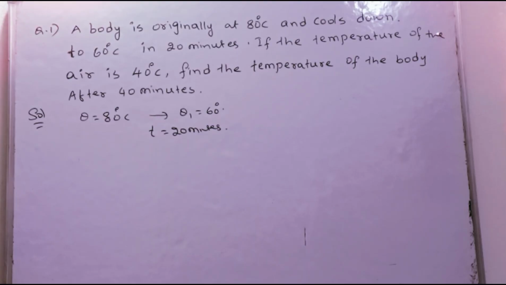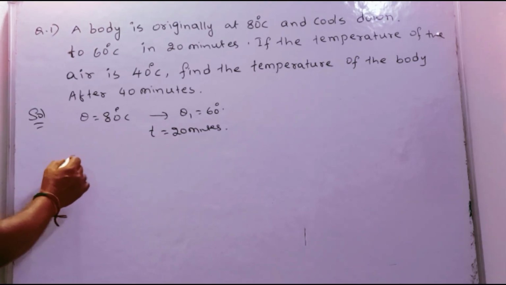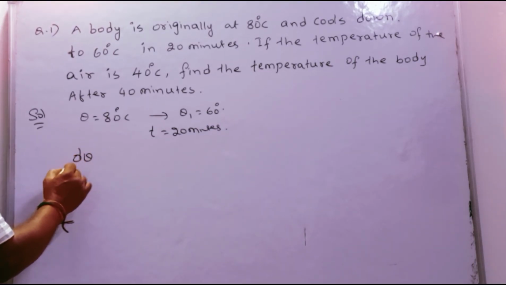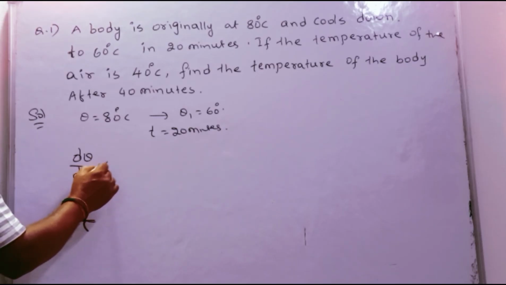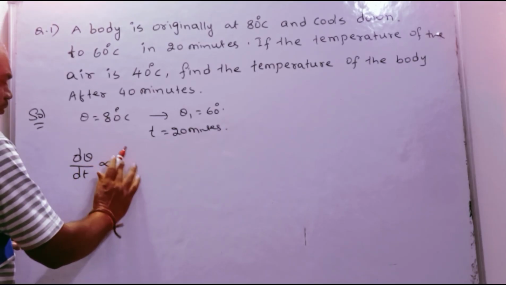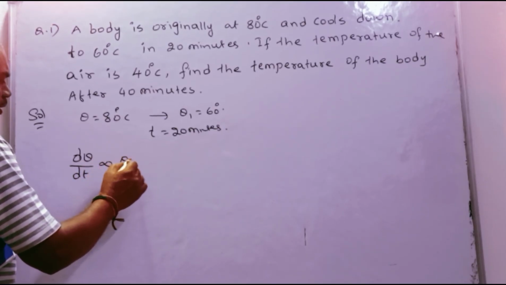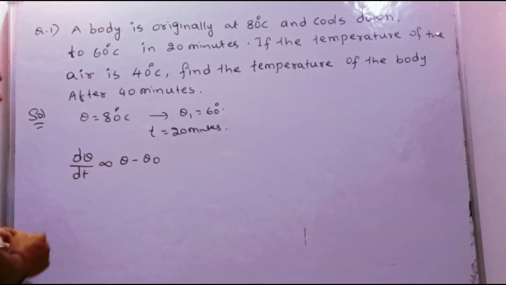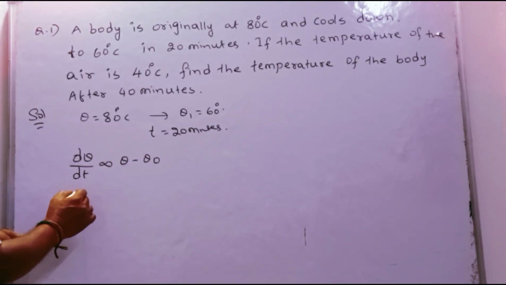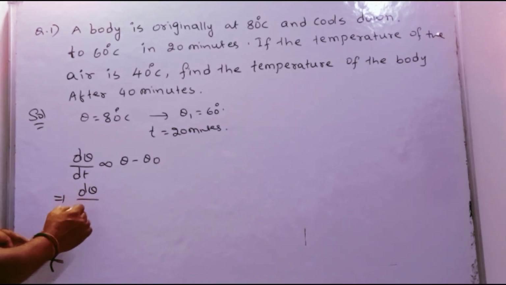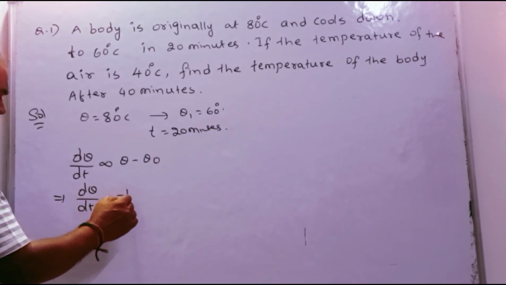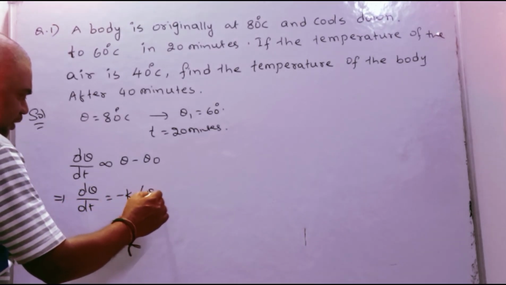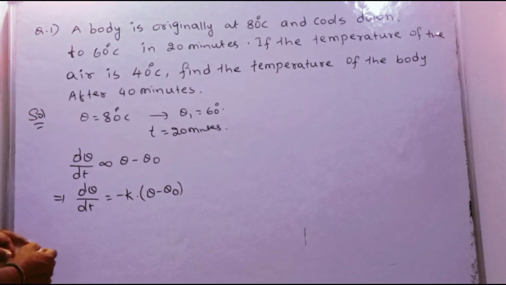We know the formula: d theta by dt is directly proportional to theta minus theta 0. From this, we write d theta by dt equal to minus k into theta minus theta 0.